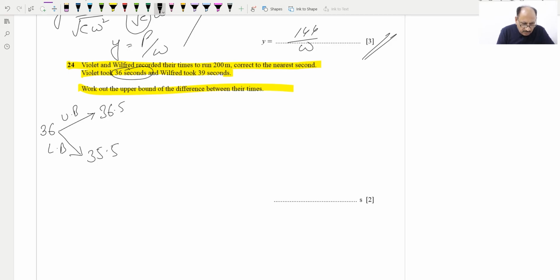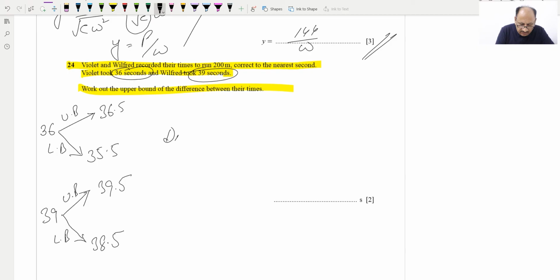Similarly for 39 seconds, we can write the upper bound and the lower bound. The upper bound will be 39.5, and the lower bound will be 38.5. Now they are saying work out the upper bound of the difference.